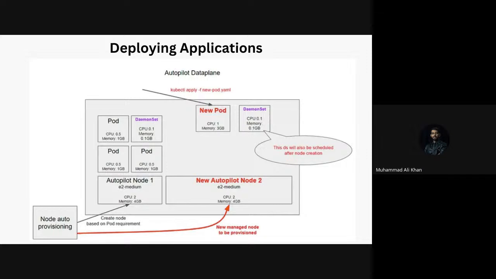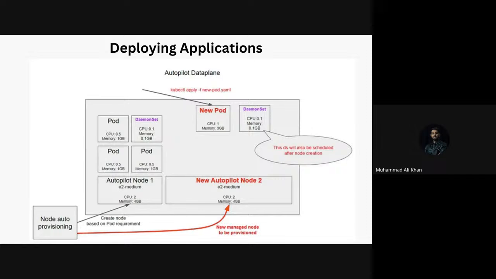As you can see in the architecture, whenever you apply a new pod, it deploys a new node, and after that new node is provisioned, you can deploy the daemon set on that node. Whenever a new node is auto provisioned, for example if a new autopilot node 3 is provisioned, the daemon set is auto scaled to that new node as well. Due to which GKE Autopilot is able to support daemon set deployments.